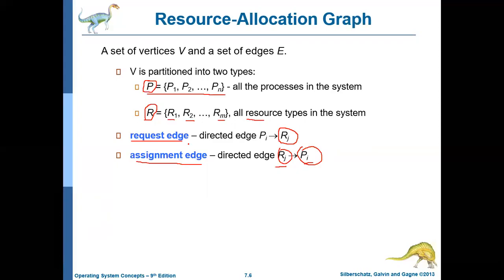If a process is requesting a resource, then there will be an edge from the process to the resource, with the arrow pointing towards R. It means the process is requesting the resource and it is not yet allocated.